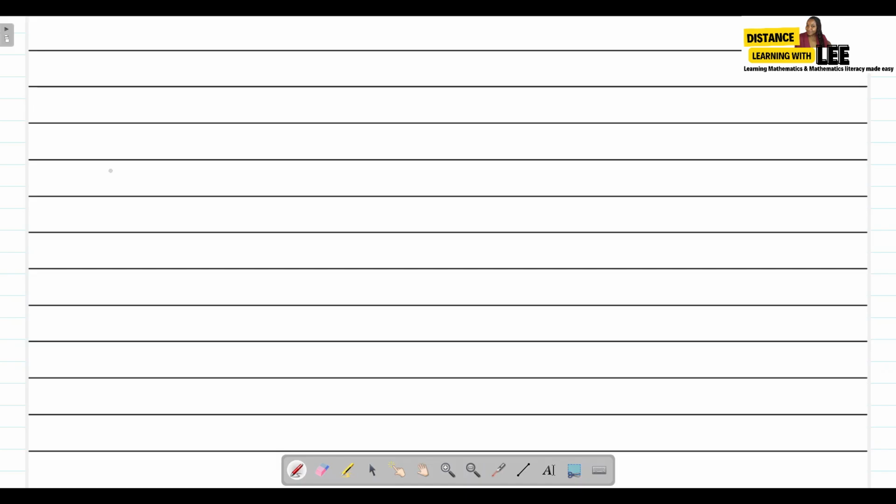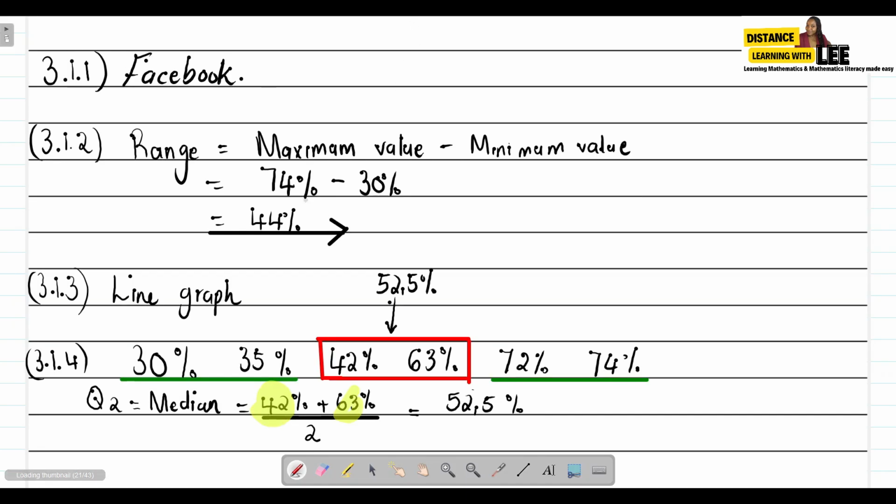We can also use the formula, which says that Q2 is equal to N plus 1 divided by 2. This formula gives us the position of our median. So how many values do we have in this data set?